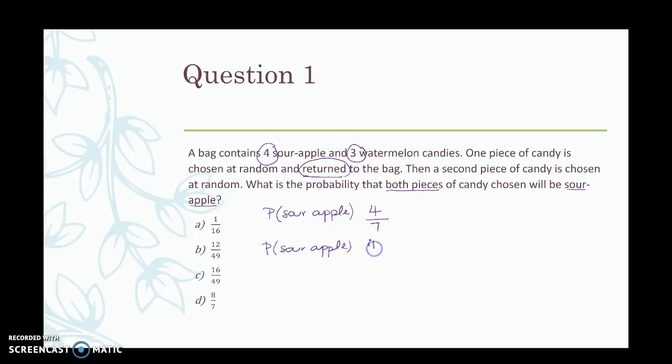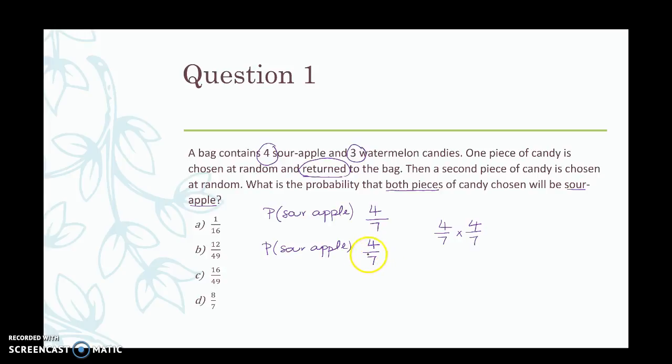So that's going to be another 4 out of 7. With compound events, which means that you're looking at one event happening and then another, you multiply your probabilities. So 4 over 7 times 4 over 7, because neither of these could be simplified.